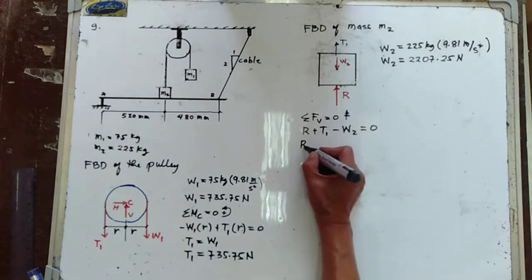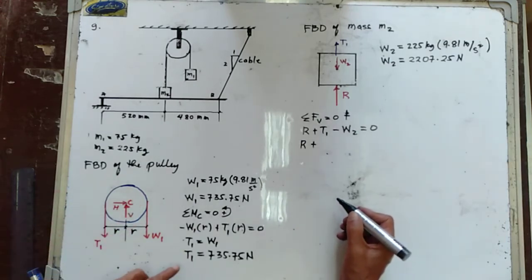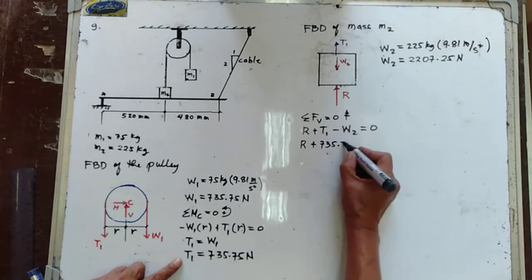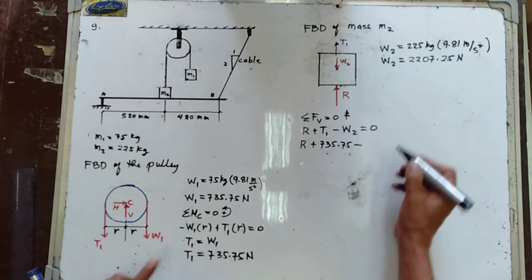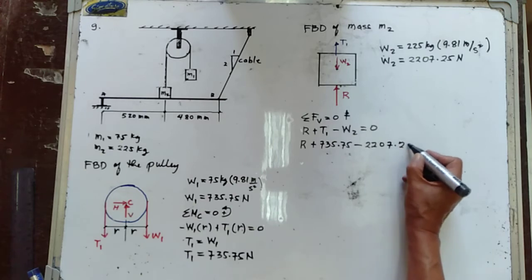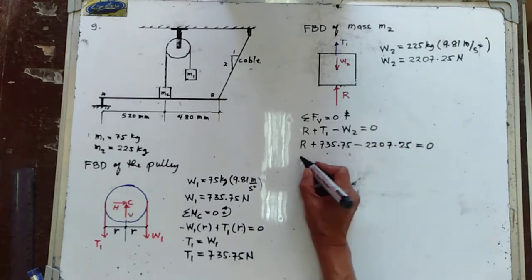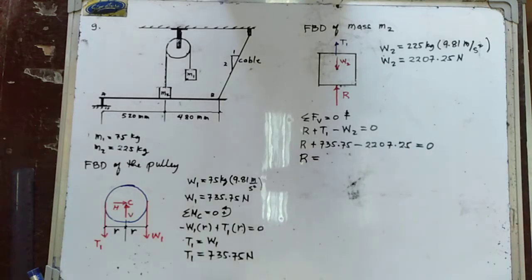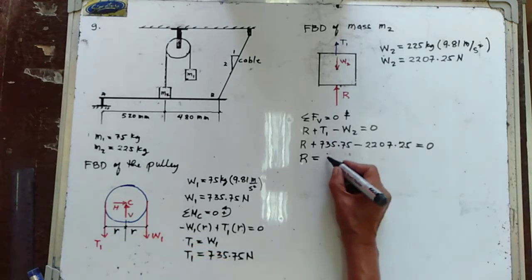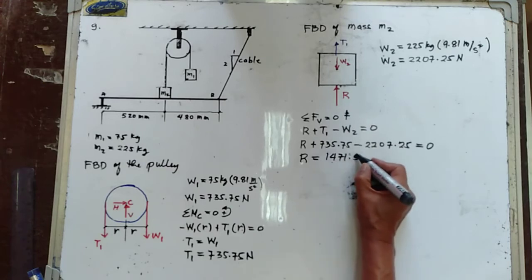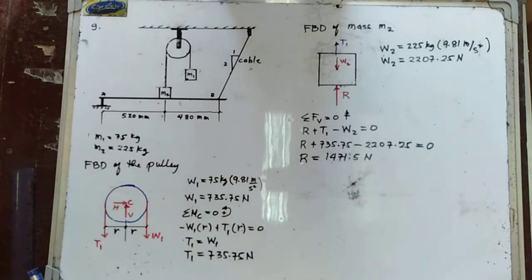So R plus 735.75 minus 2207.25 is equal to 0. So the value of R is now equal to 1471.5 newtons.